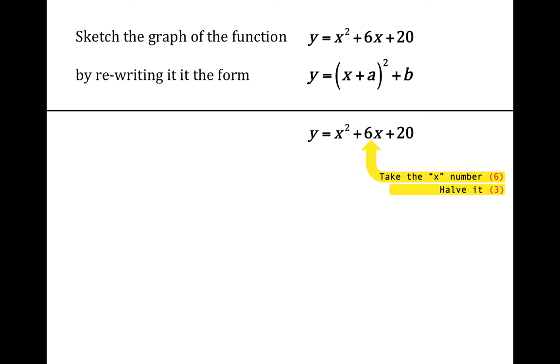We're then going to take that and square it to get 9, and then we're going to rewrite this 20 as 9 plus 11. So instead of y equals x squared plus 6x plus 20, we've rewritten it as y equals x squared plus 6x plus 9 plus 11. We've rewritten the 20 as 9 plus 11, and we got that 9 from the process I just described.